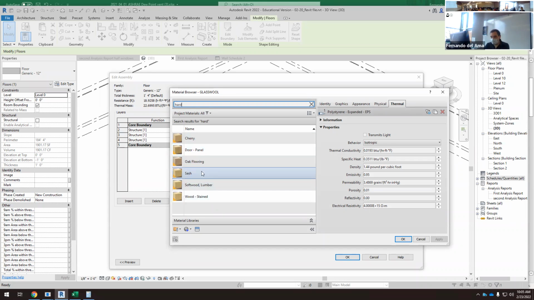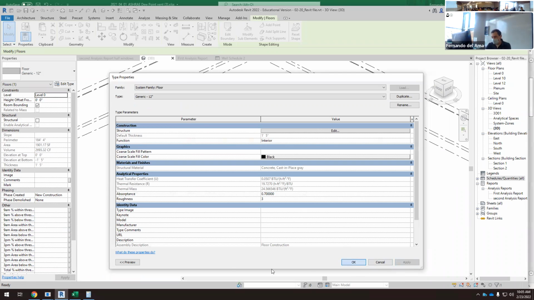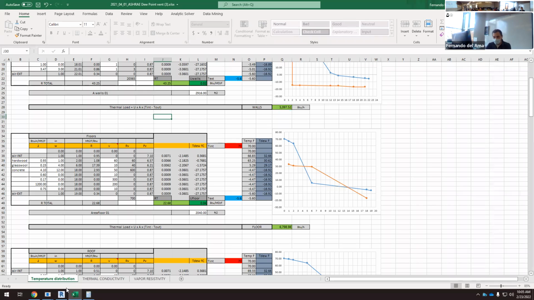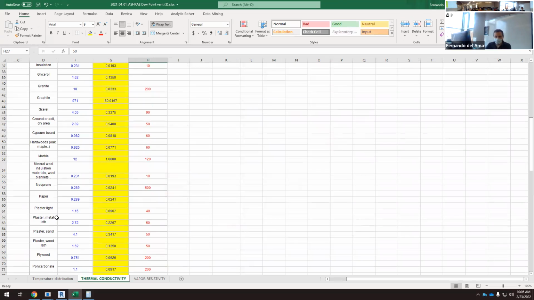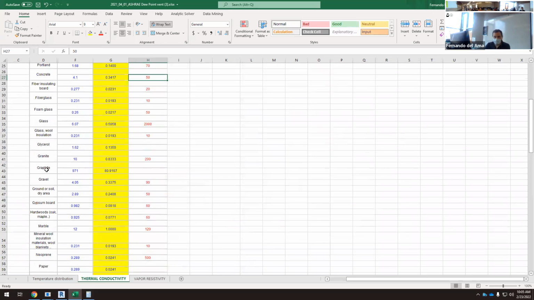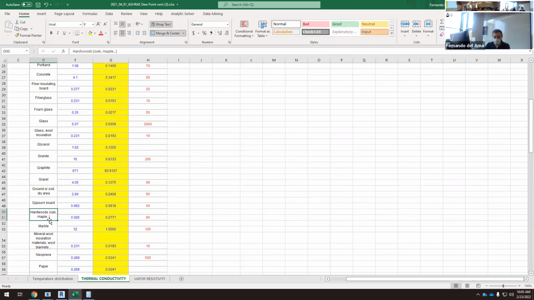We don't have hardwood. We have oak. Let's select oak flooring and 1 inch. Because as far as I remember, here in this list of materials, hardwood, it's oak, maple. Okay, so oak is the same as hardwood.